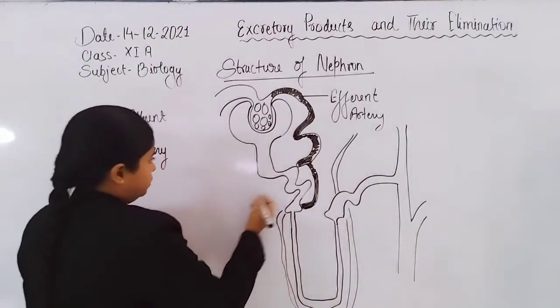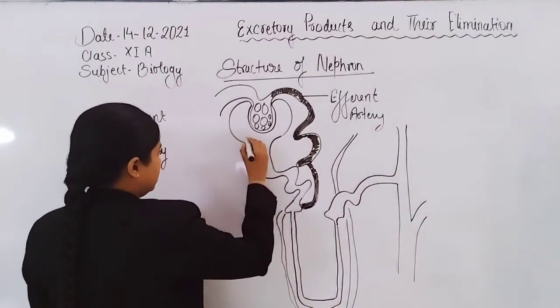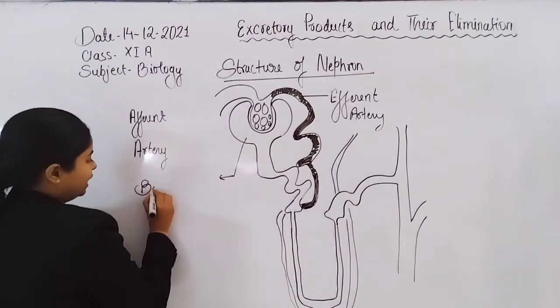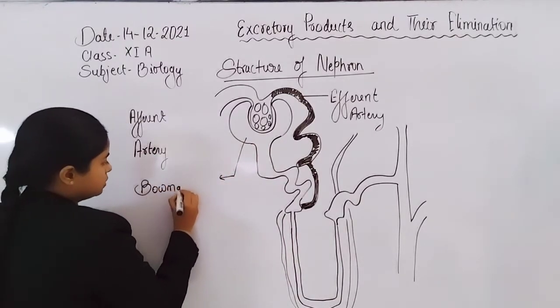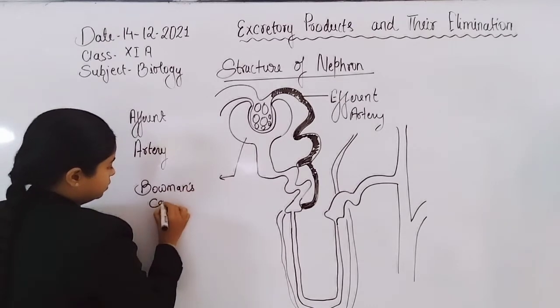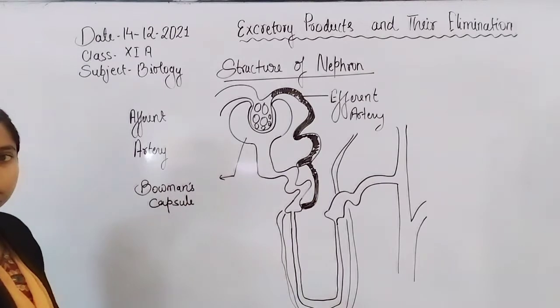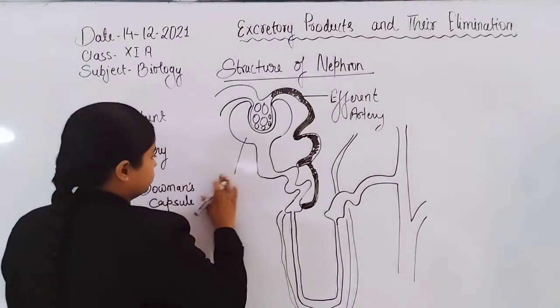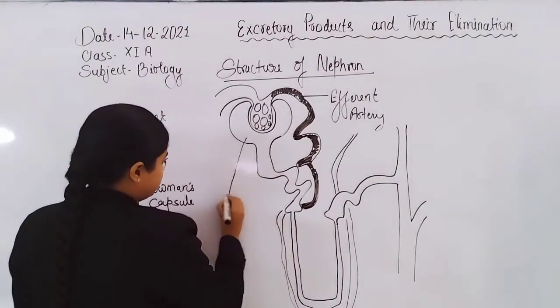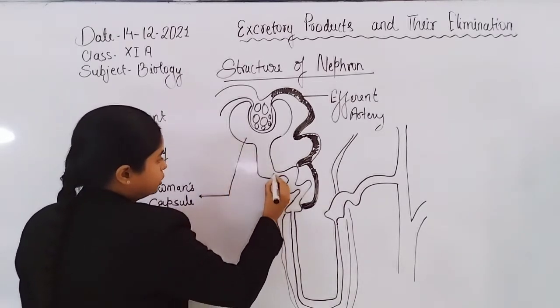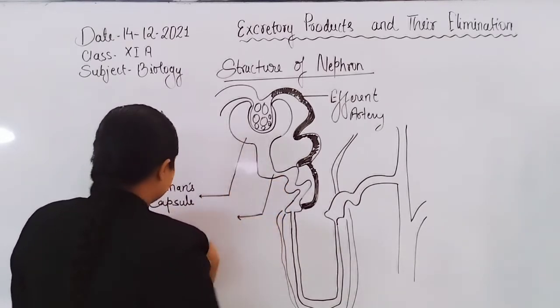Now, here the cup-like structure of the nephron is known as Bowman's capsule. Bowman's capsule continues into a tubular structure.